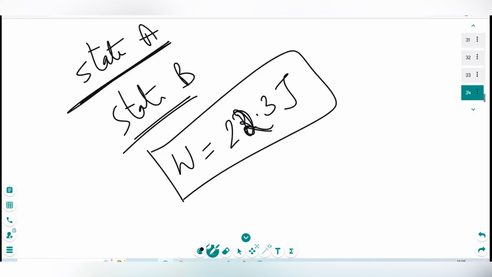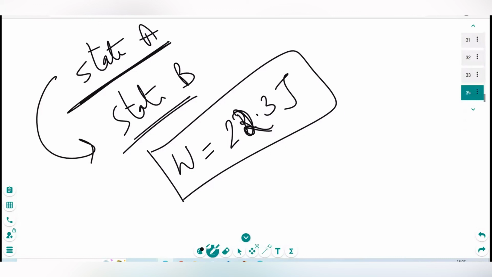If the gas is taken from state A to state B via a process in which the net heat absorbed by the system is 9.35 calories.